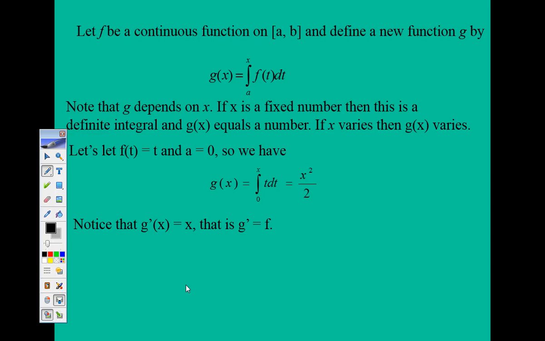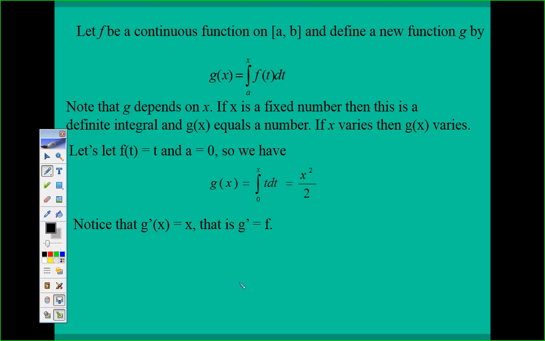Now, here's something that's interesting. Notice that g prime of x equals x. So here we looked at finding the antiderivative of t dt, and we found this to be x squared over 2.